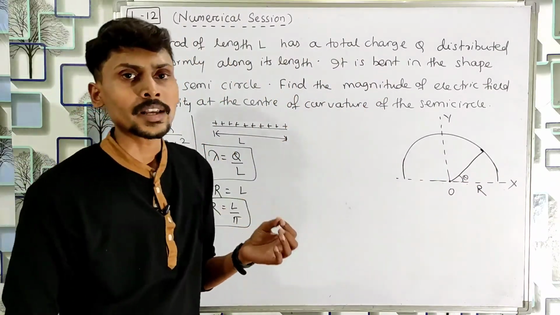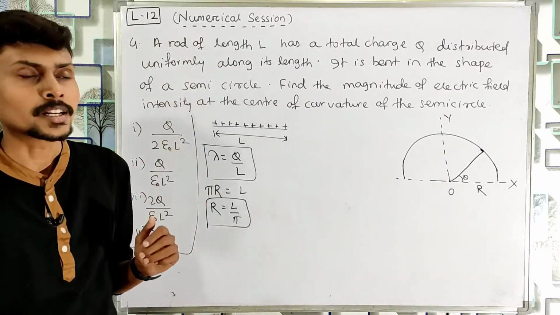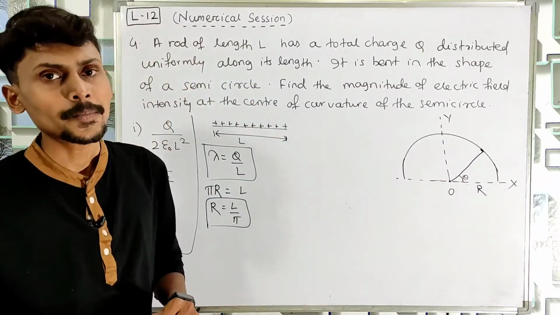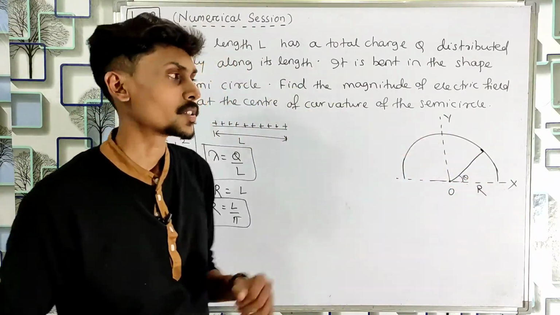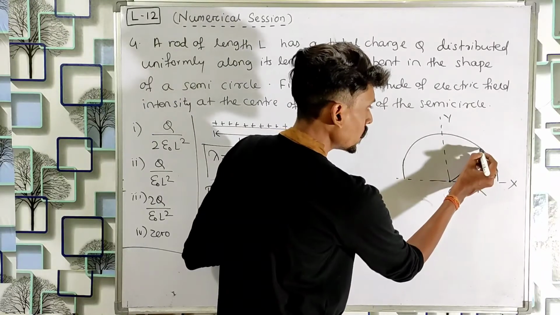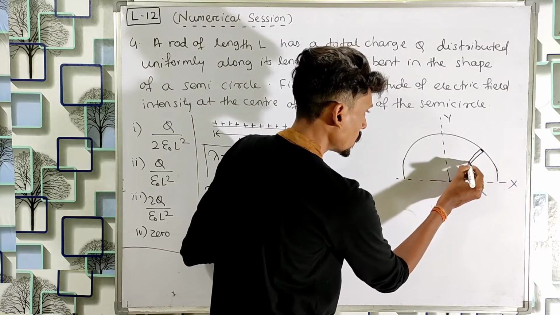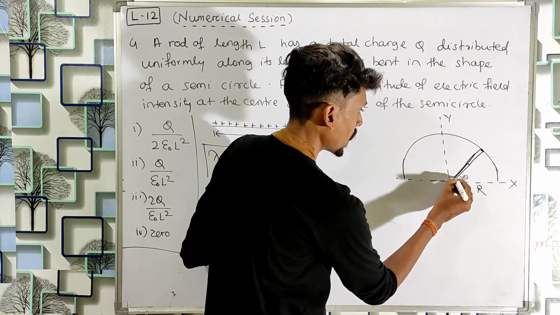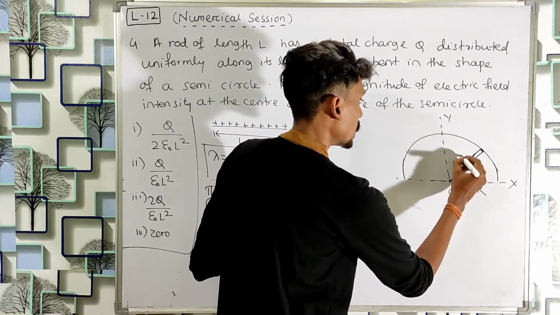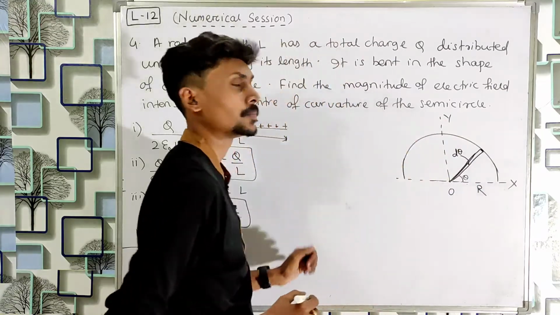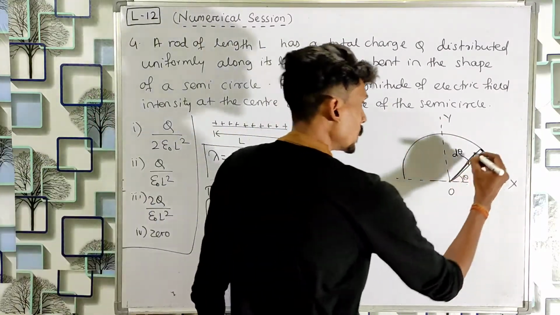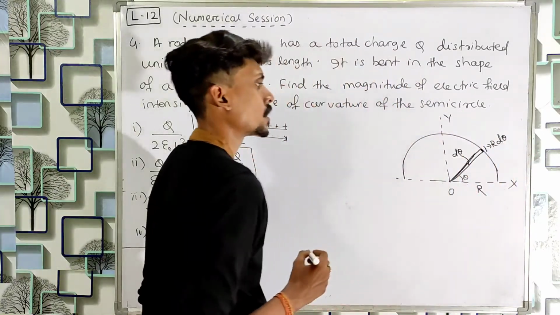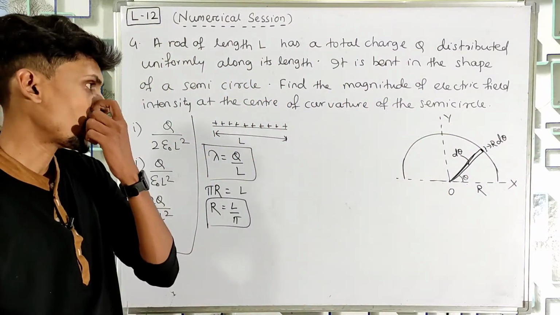Suppose we consider a small element whose position vector makes an angle theta with the x-axis. And if you join the other end, suppose this small angle is d theta. Then this thickness will be R into d theta.